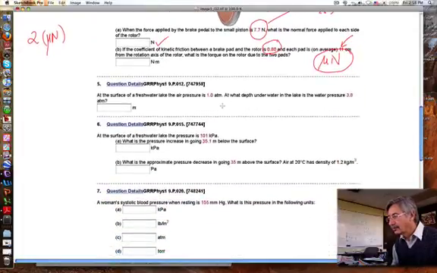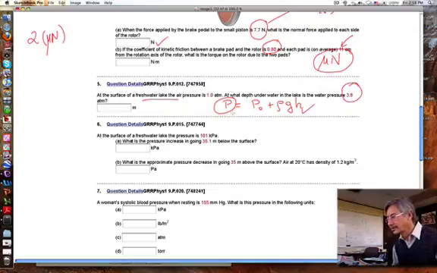This is a problem of how pressure changes with depth. If the pressure at the top is this, and you want to know this pressure, then you can calculate the height. It's just the difference in the pressure divided by rho g.